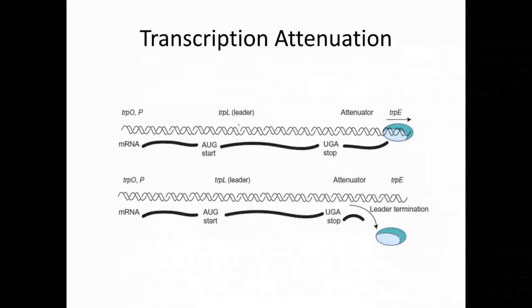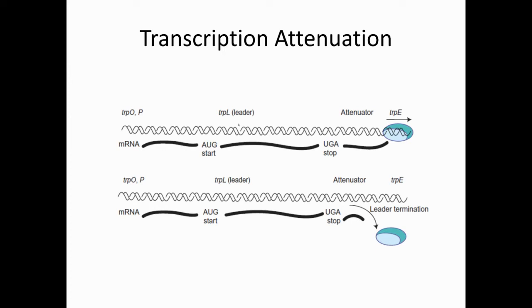And then the transcription attenuation, like the trp operon. The trp operon is the operon that produces the amino acid tryptophan. The trp operon responds to a repressor protein that binds a molecule of tryptophan.